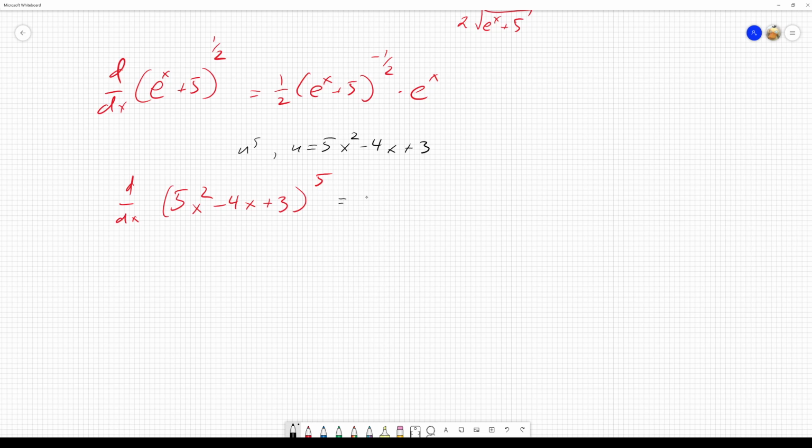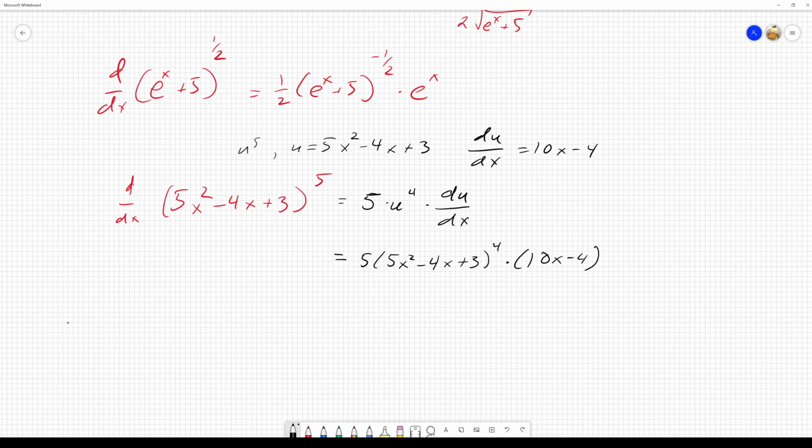So what I ought to get is 5 times u to the 4th times the derivative of u with respect to x. The derivative of u with respect to x is 10x minus 4. So this works out to 5 times 5x squared minus 4x plus 3 to the 4th times 10x minus 4.